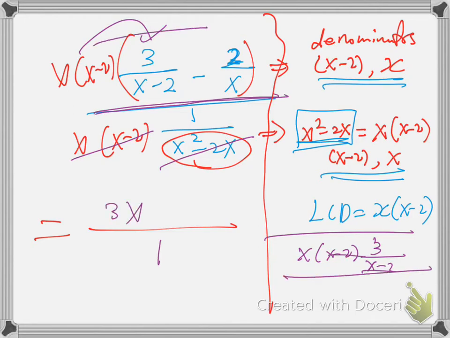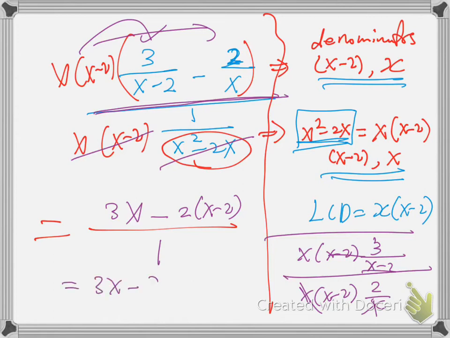And the second one, x times x minus 2 times 2 over x. So x cancels, so minus 2 times x minus 2. So this is 3x minus 2x plus 4, so this is x plus 4.